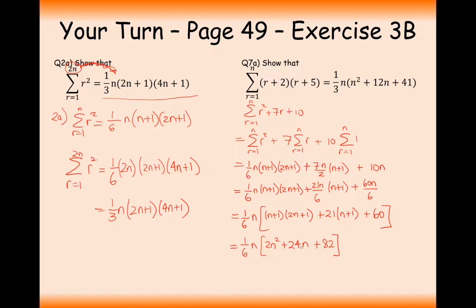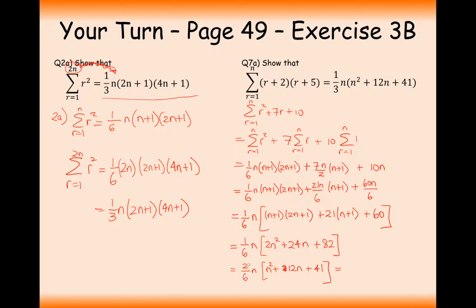All of these terms here are even. Yeah, that's good. So I'll factorise out 2/6 of n squared plus 12n plus 41. Yeah, there we are. This is getting to work now, isn't it?